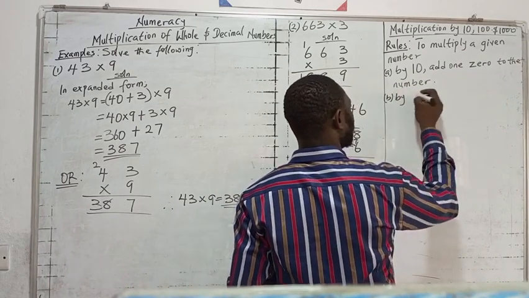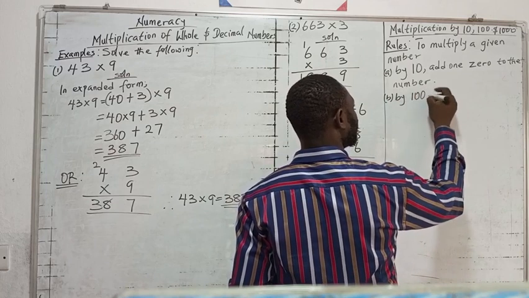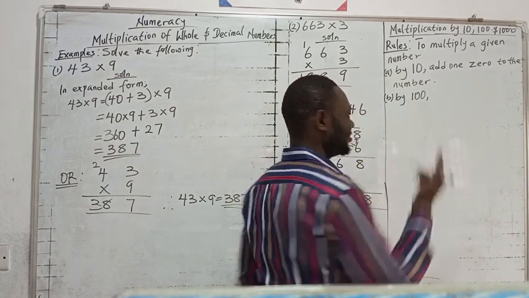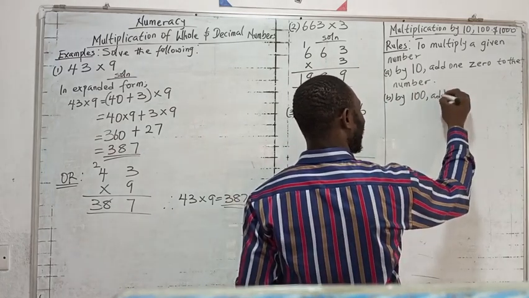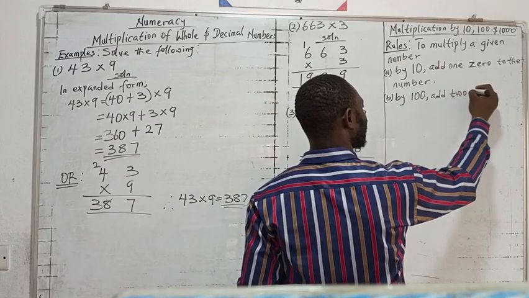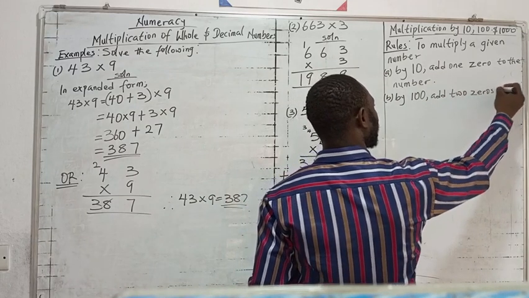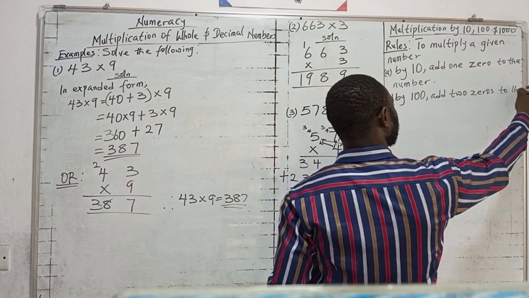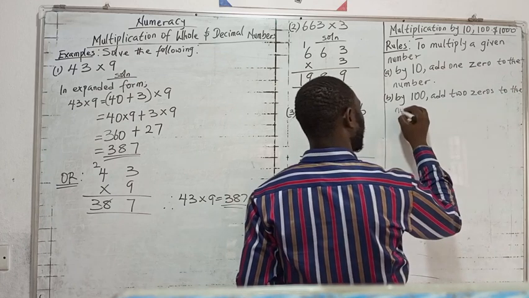B, when you want to multiply by 100, you now add how many zeros? 2 zeros. Add 2 zeros to the number.